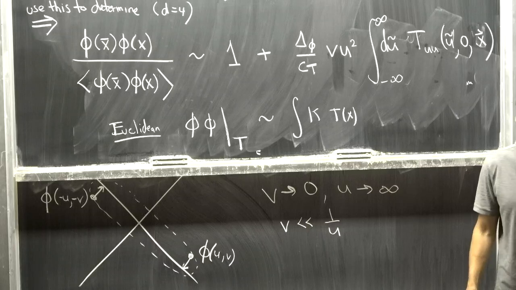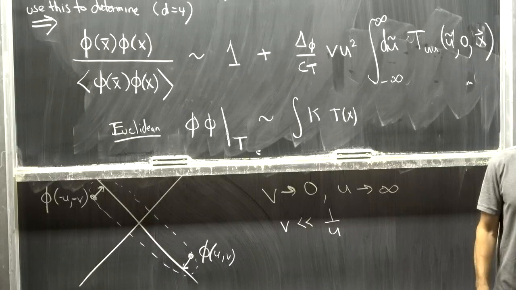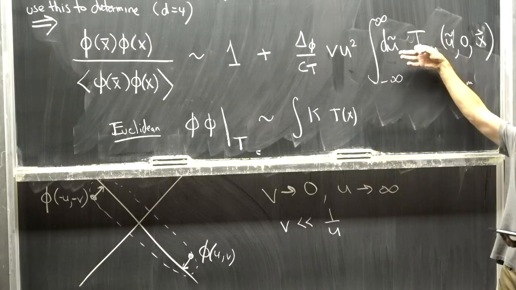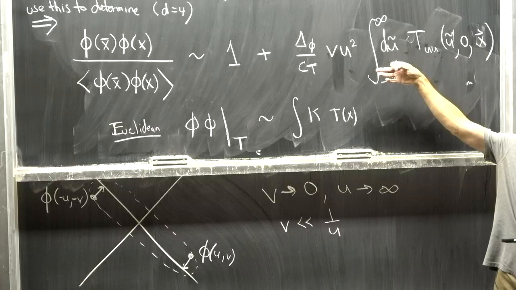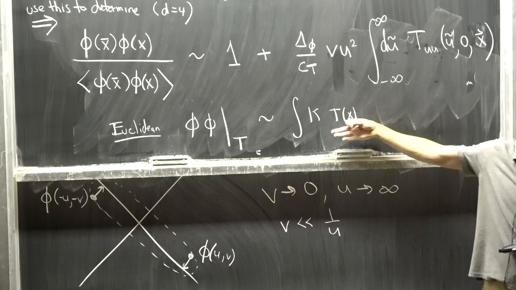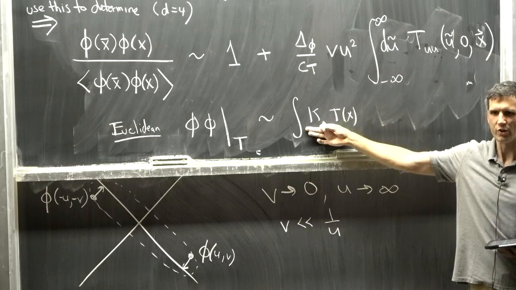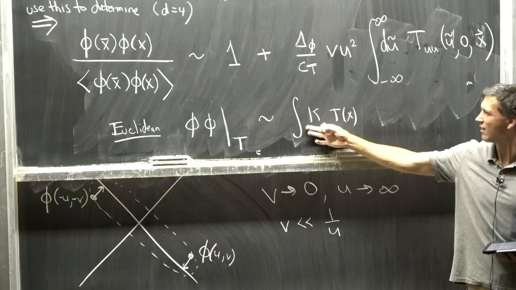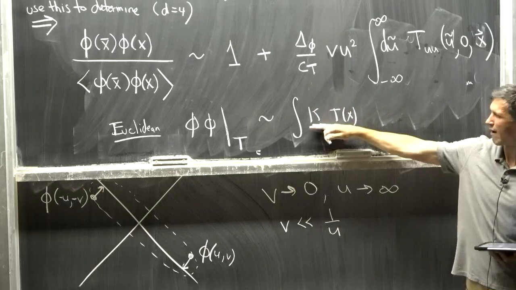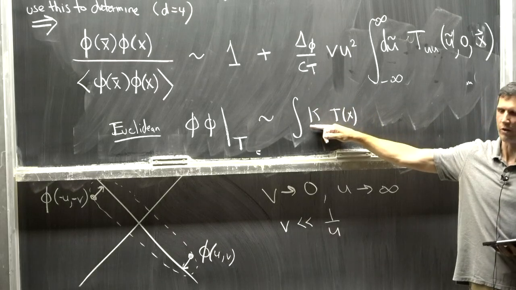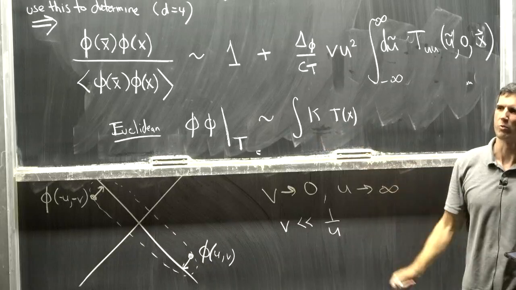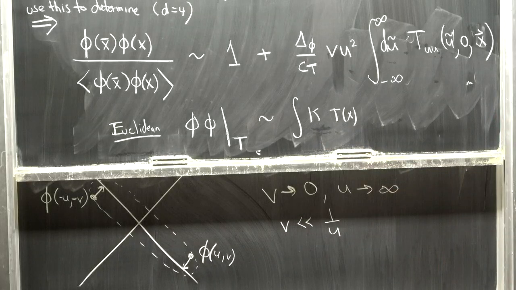This is a formula that you can write down in Euclidean signature. Another way of getting the formula that we just derived is to take the OPE in Euclidean, then Wick rotate everything and evaluate this formula in the lightcone limit in Lorentzian signature. So that will also work. It gives the same answer. Other questions?